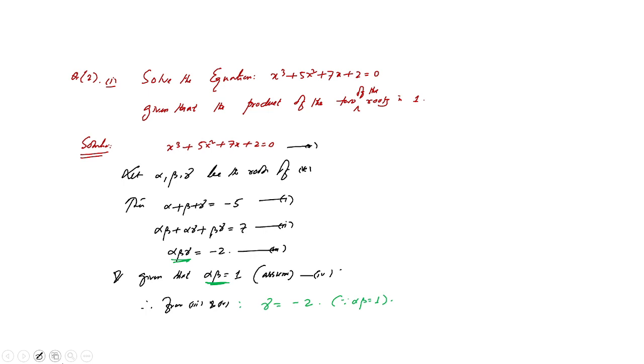So now you got the value of gamma. So we put the value of gamma in 1. Therefore from 1, alpha plus beta plus gamma, with gamma minus 2, equals minus 5, and that implies alpha plus beta equals minus 3.